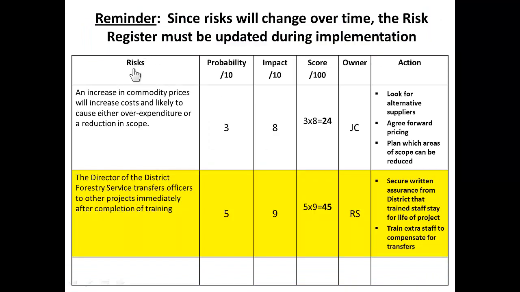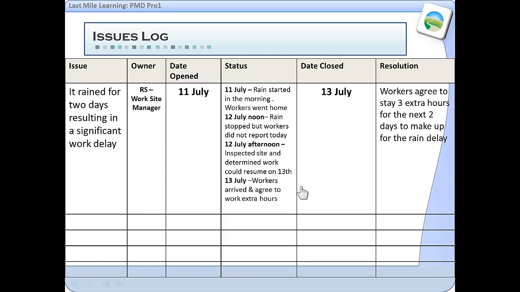All right, this is just a reminder. You've already seen this. It's called the risk register. Since risks will change over time, the risk register must be updated during implementation. That's extremely important to manage the ever-changing risk. And so hopefully this table looks familiar from a previous module.